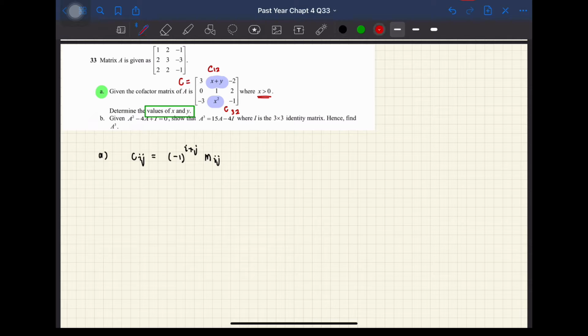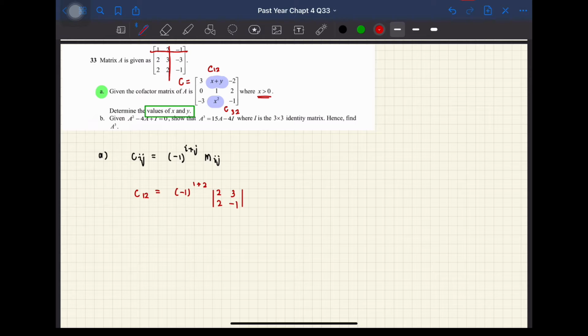So, C1,2, dia adalah equal to negative 1 power of i kita adalah 1, j kita adalah 2. Okay, so minor kita nak cari minor is, awak akan deletekan the row and also column. So row nombor 1 kita buang dengan kolom nombor 2. Okay, so what's left for us is 2, 3, 2, negative 1. Okay, this is C1,2.